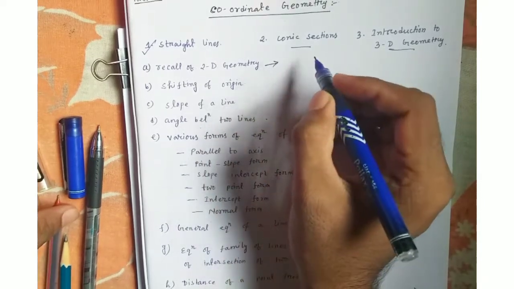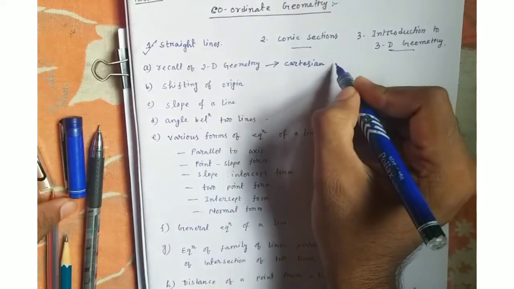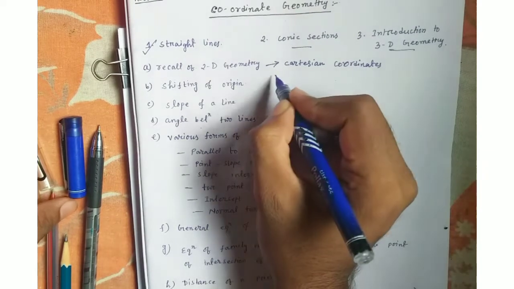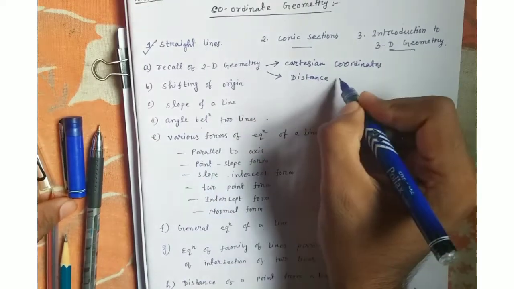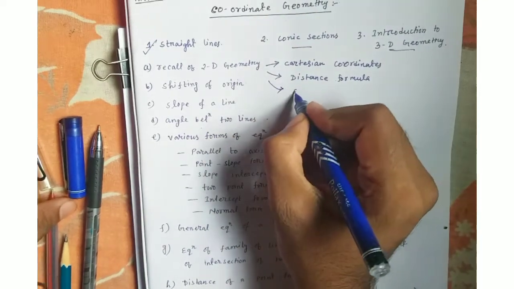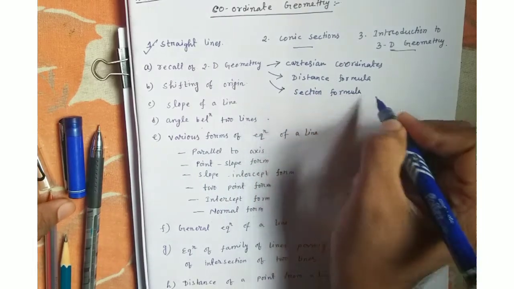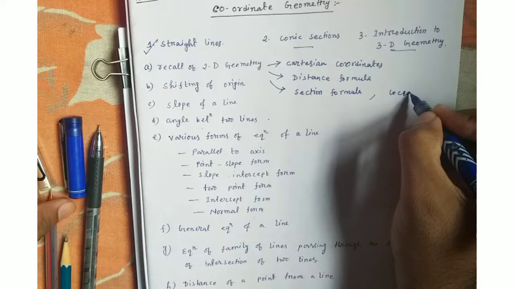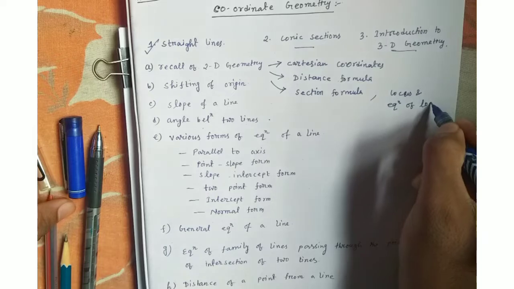If I subdivide every part, then in the topic of recall of 2D geometry, we have these points. First one is Cartesian coordinate system. The second one is distance formula. Third one is section formula, and the last one is locus and equation of locus.